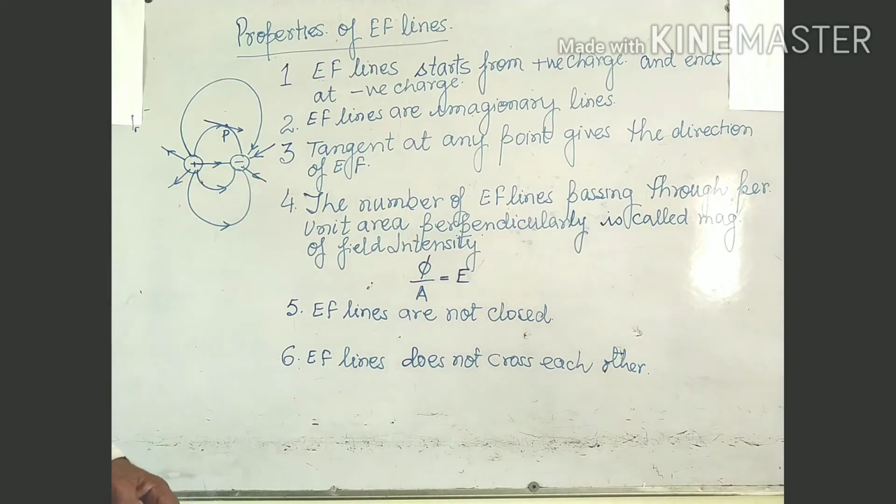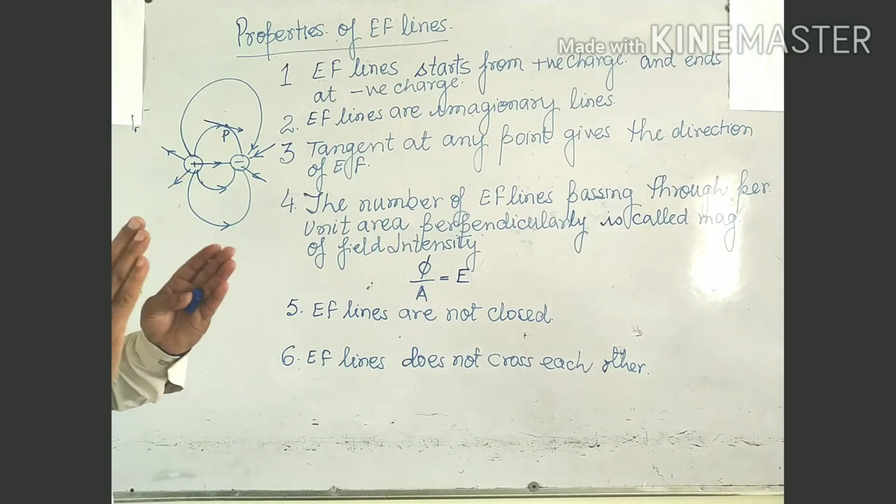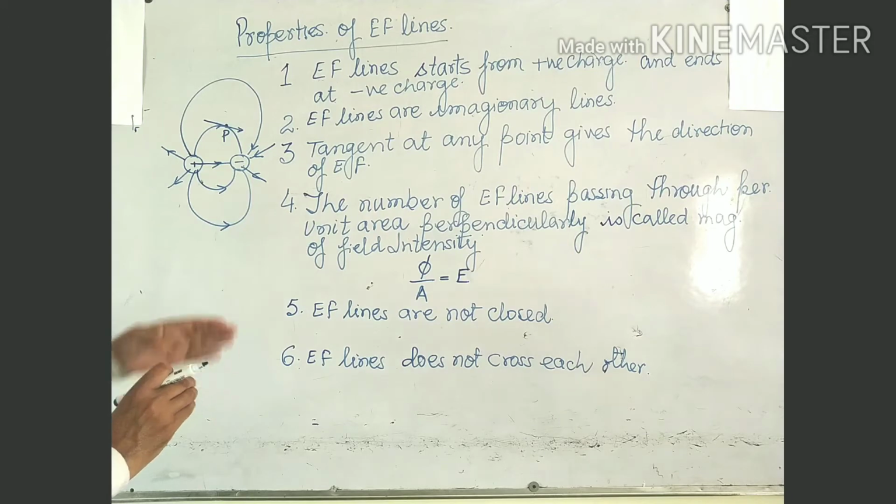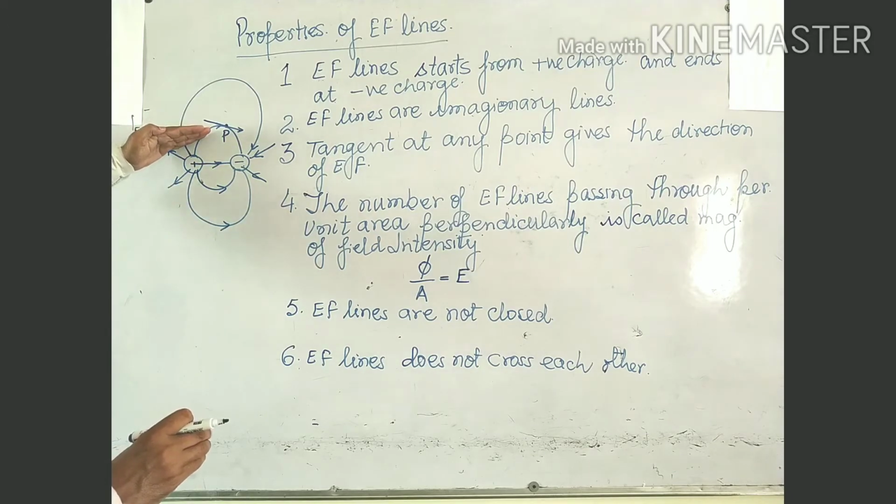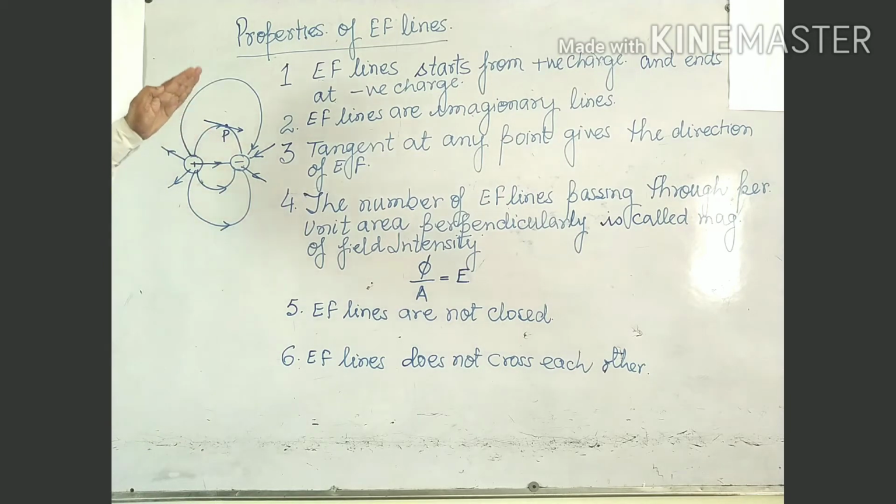Now if you put a particular area over here, see the number of lines passing through it, and if you put the same area over here, the number of field lines passing through this area decreases.